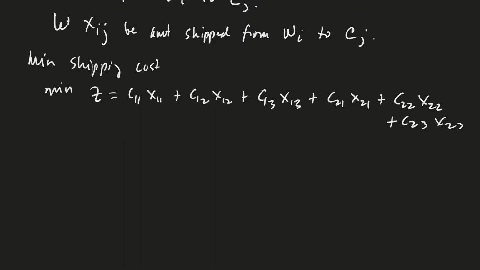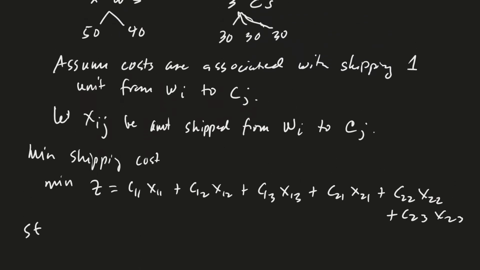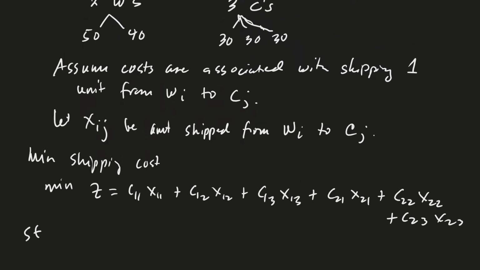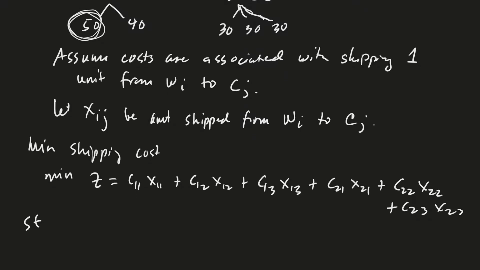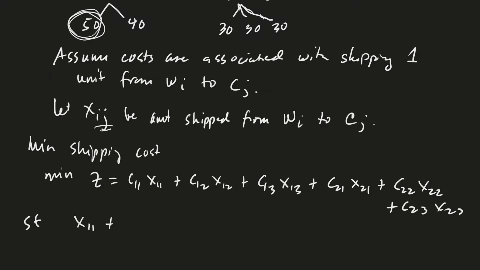And now what are my constraints? Subject to, well, the entire shipment from warehouse 1 needs to be 50 or less. Going from warehouse 1 means the first index of our double subscript is 1, so that means X11 plus X12 plus X13.